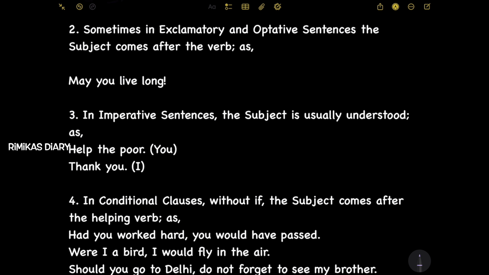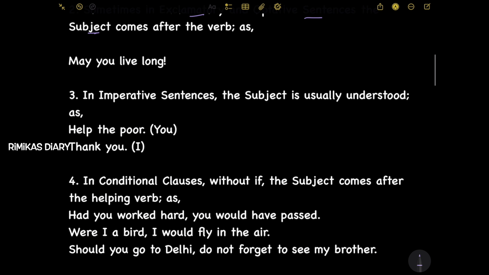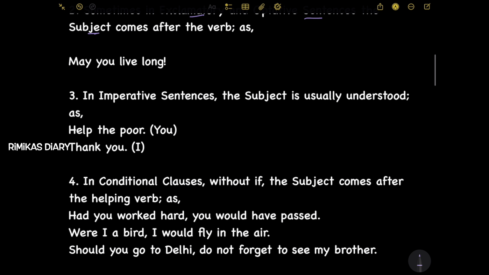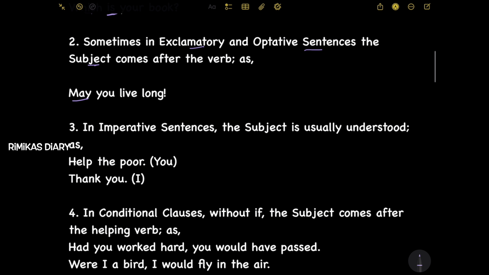Sometimes in exclamatory and optative sentences, the subject comes after the verb. For example, may you live long. So here may is the verb.